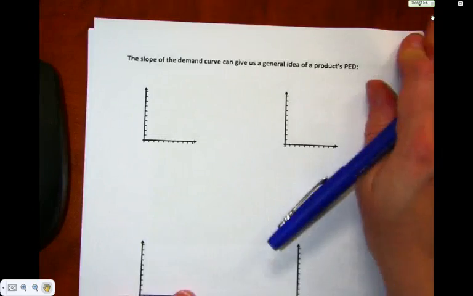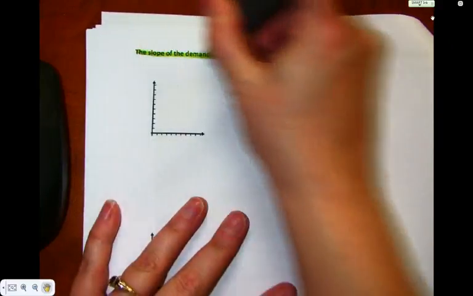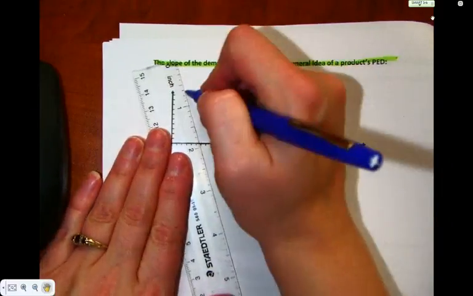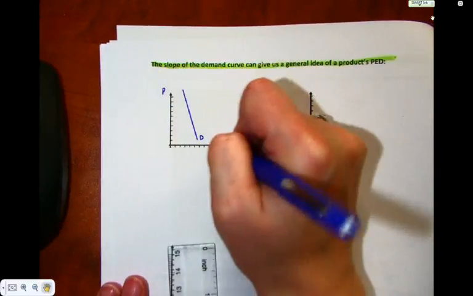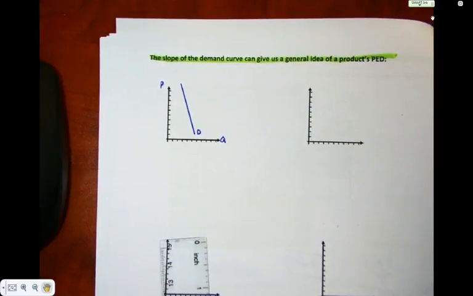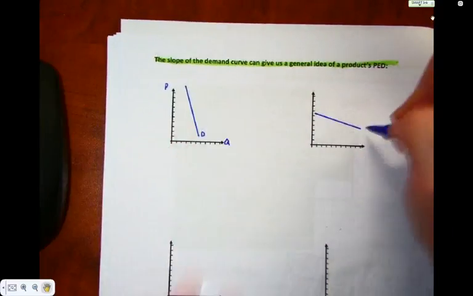Now we're going to look at the slope of the demand curve and talk about how it relates. So the slope of the demand curve can give us a general idea about the product's PED. So I'm going to do a fairly steep demand curve. I'm going to do a fairly flat demand curve, so a less steep demand curve.